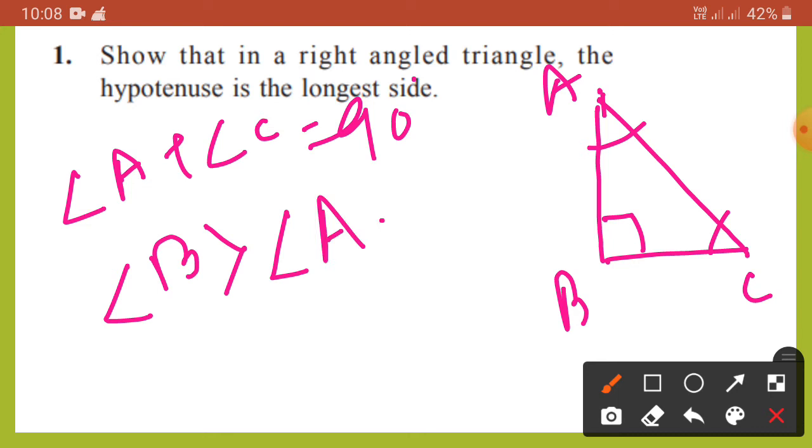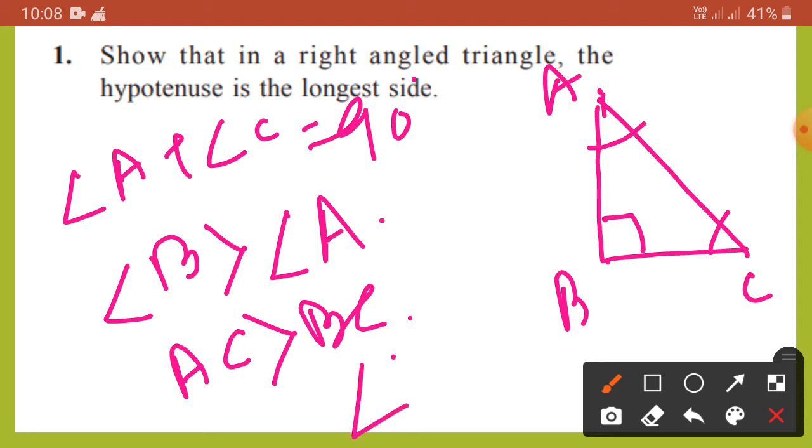So AC is greater than BC, because the side opposite to the greater angle is longer, as you have already learned. Now again angle B is greater than angle C, so we can also write that AC is greater than AB.